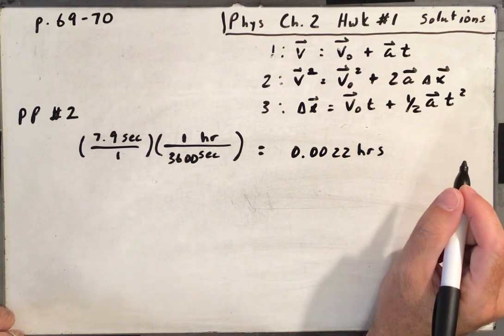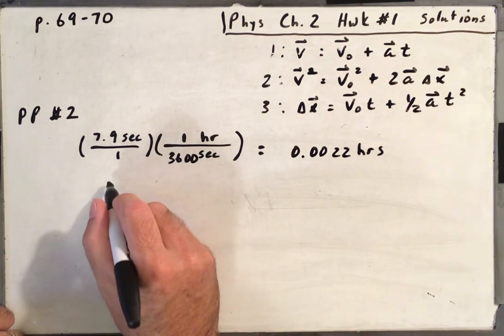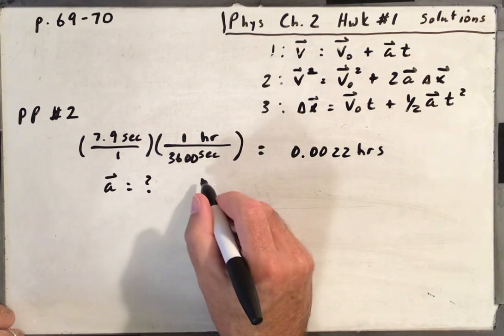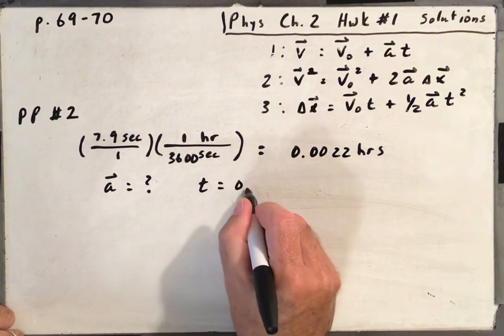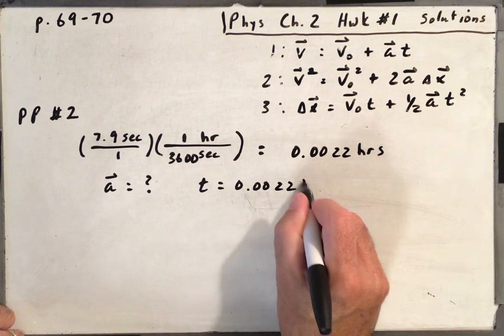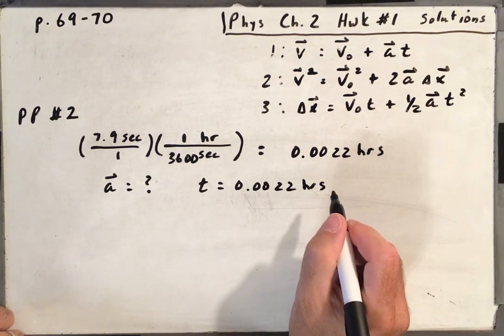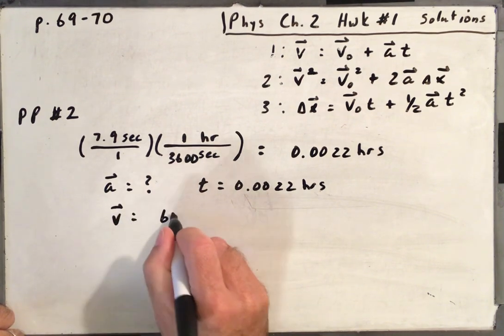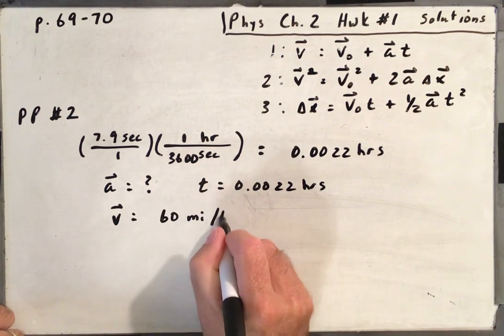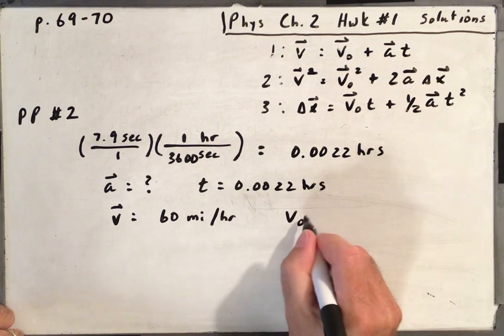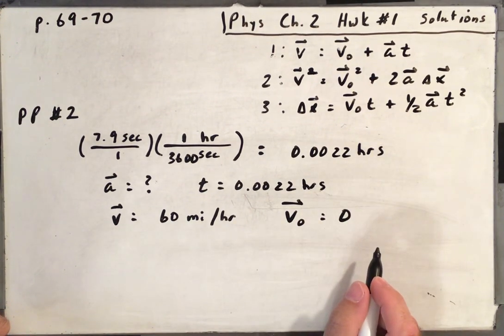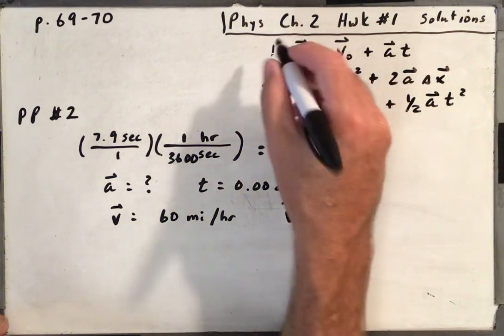Okay, so we are trying to find acceleration. So acceleration is equal to question mark. We know that time is 0.0022 hours. We have the final velocity, 60 miles per hour, and the initial velocity is 0, starts from rest. So that would be equation 1.